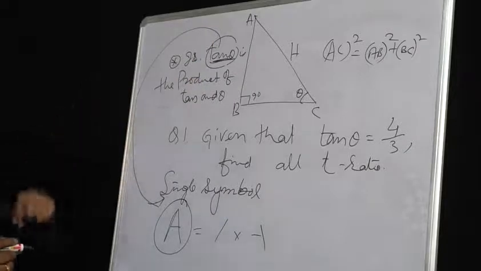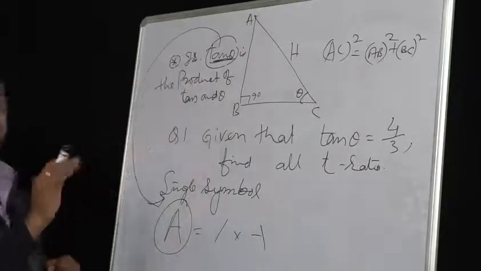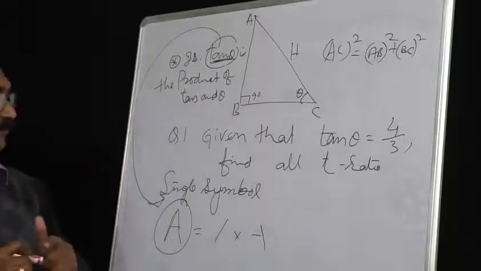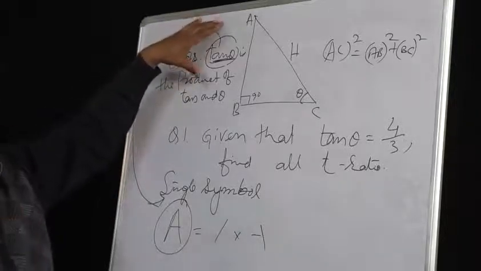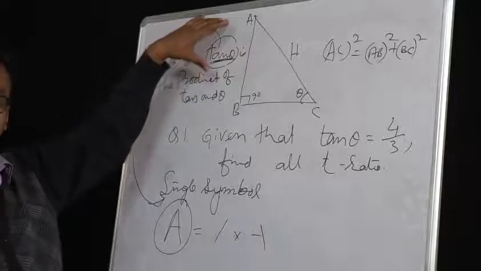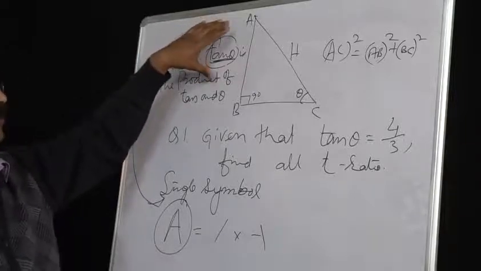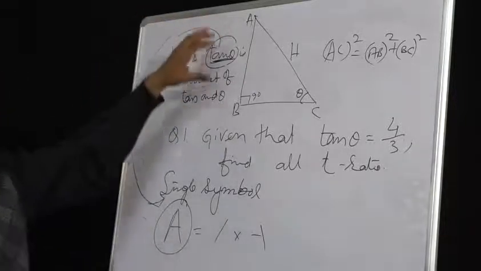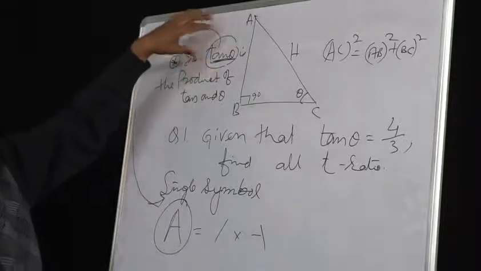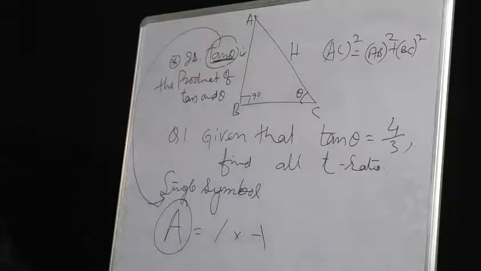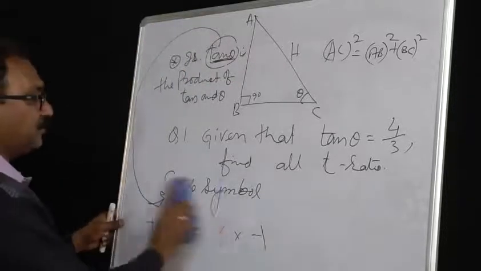You should not cancel tan in tan theta. This is not the rule. It may not be a problem now, but when you go to higher classes, like after class 10, in 11, 12 and JEE, that time it will be a very crucial part. So please don't misunderstand this part. Clear? On the basis of this, we'll solve these questions.